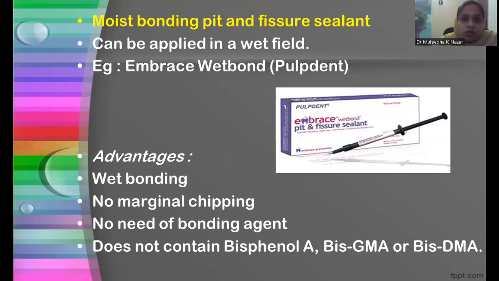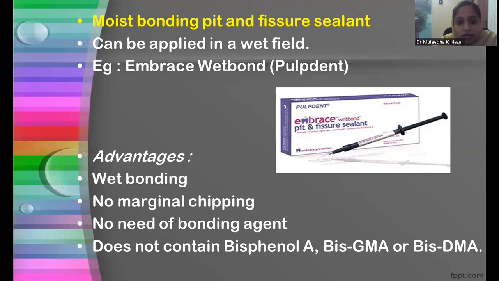Next is the moist bonding pit and fissure sealants. We all know that conventional resin-based sealant is very technique sensitive as they are hydrophobic and require a dry field. Hence, this moisture tolerant resin sealant came into being that can be applied in a wet field. Example of such kind of sealant is Embrace Wet Bond.